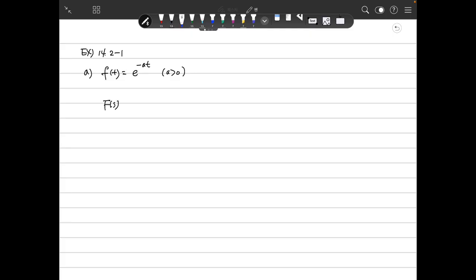At first, we need the definition. What is F(s)? F(s) is the integral from 0 to infinity of f(t)e^(-st) dt. That's all. So we'll do that here. F(s) will be the integral from 0 to infinity of e^(-at) e^(-st) dt.